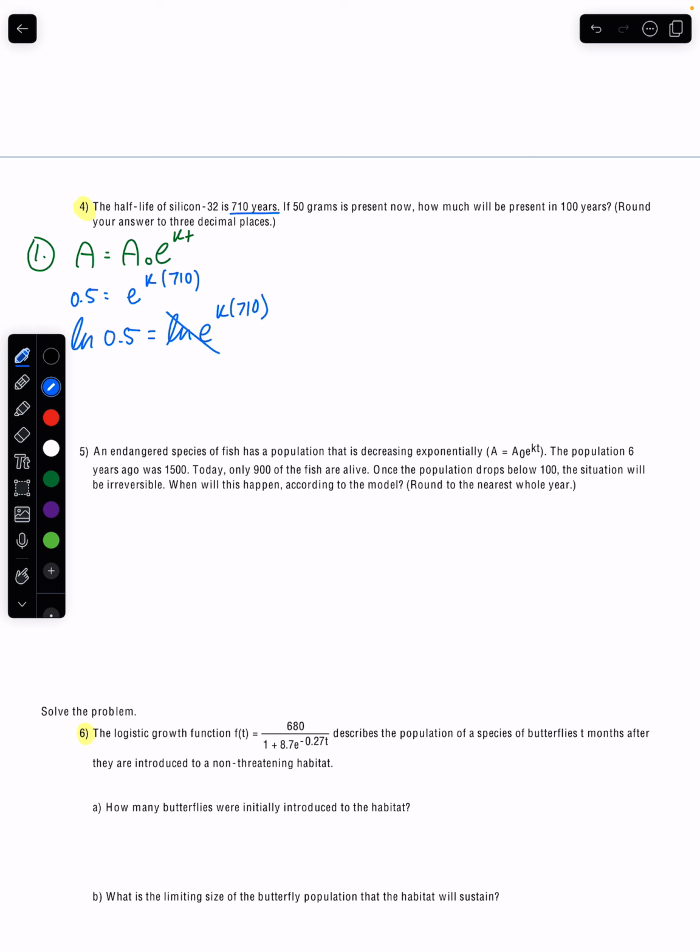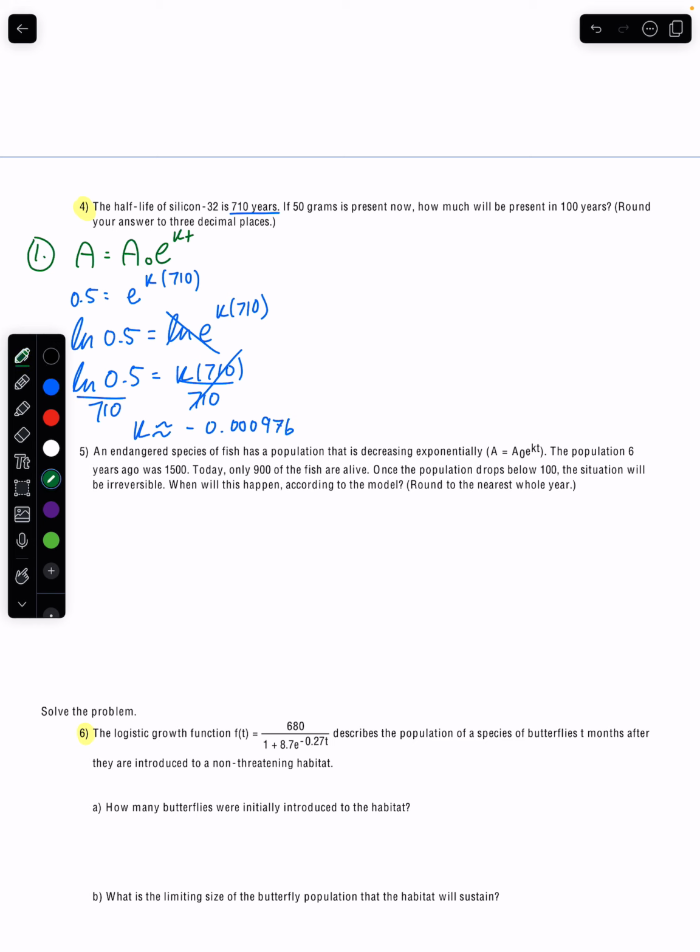And when we have ln e, we remember that it cancels out. Divide both sides by 710. And we see that k is about negative 0.000976.